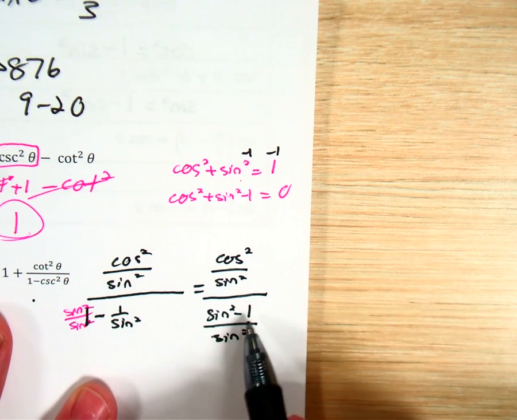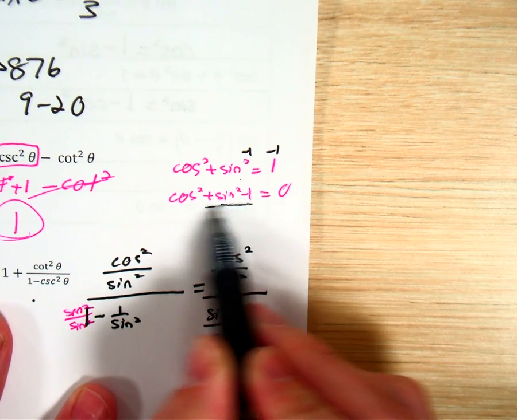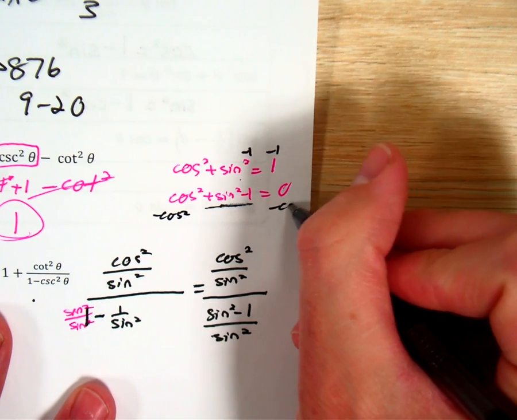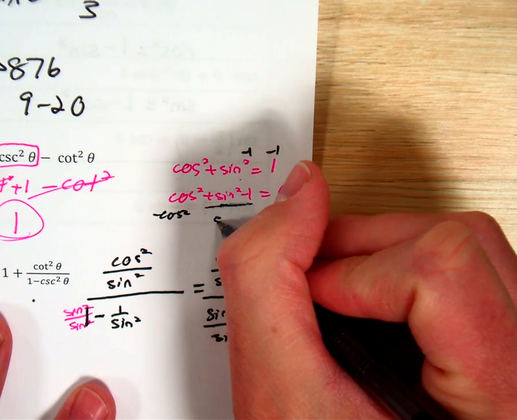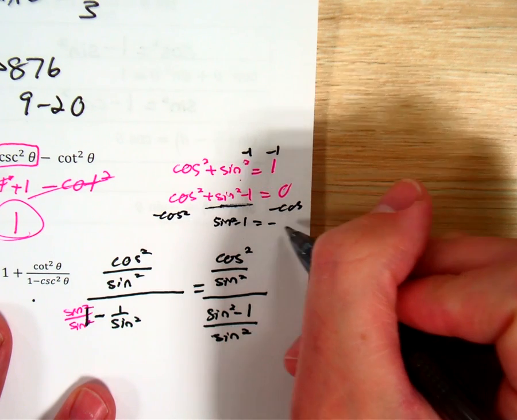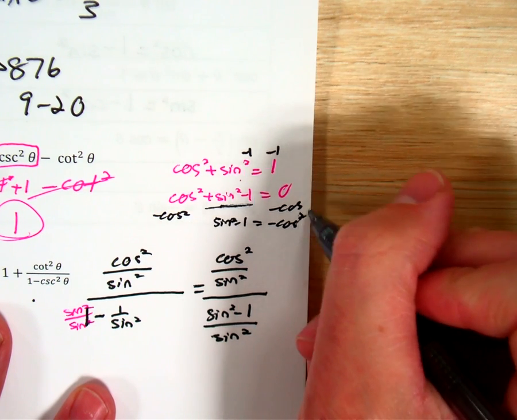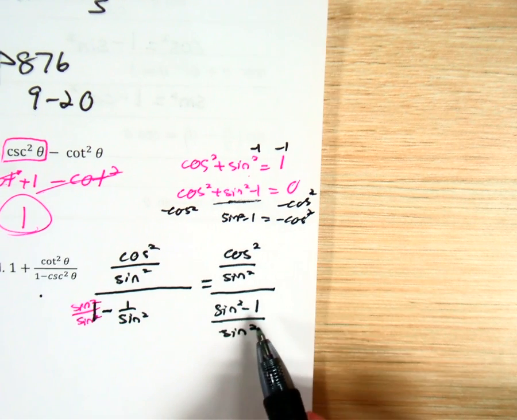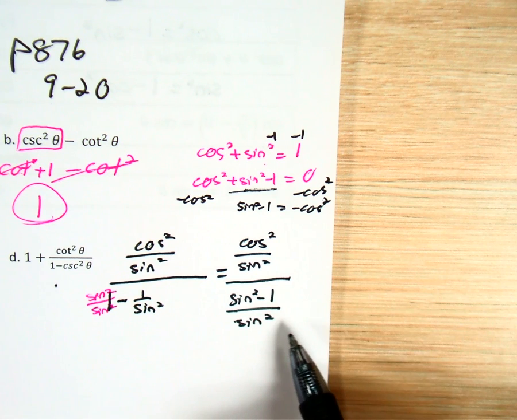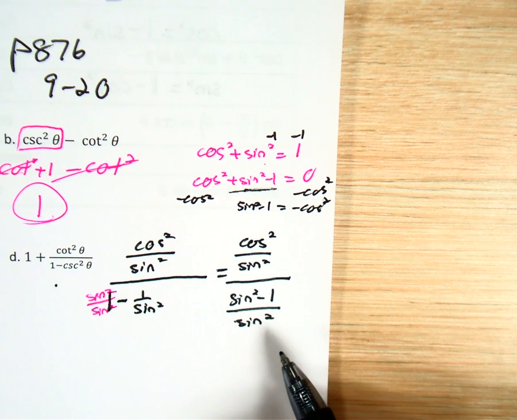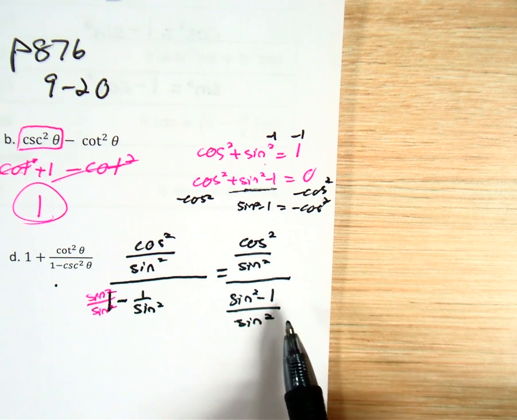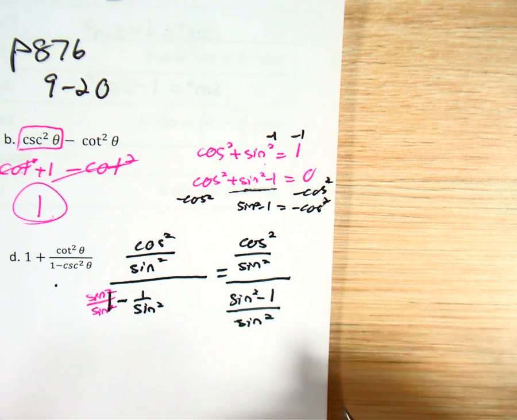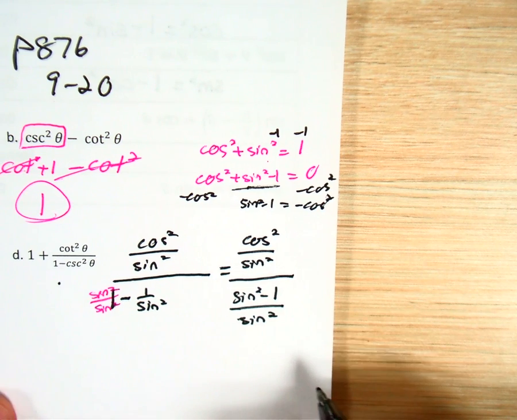So we have 0, and I want to keep the sine squared minus 1, so let's subtract cosine squared. We're going to see that sine squared minus 1 equals negative cosine squared. The positive cosine squared was 1 minus sine squared, so sine squared minus 1, the other way around, is going to be negative cosine squared. So that was kind of a big jump.